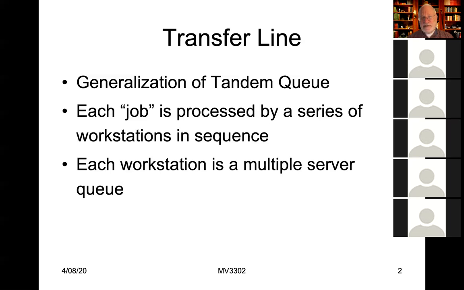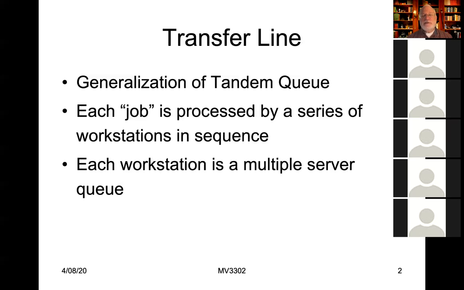What's different is that in the assembly line, there's no queuing; it just keeps going. Whereas with the transfer line, it's structurally the same as an assembly line, in that you have a sequence of these tasks. The difference is the queuing.